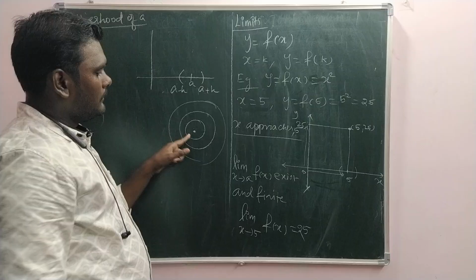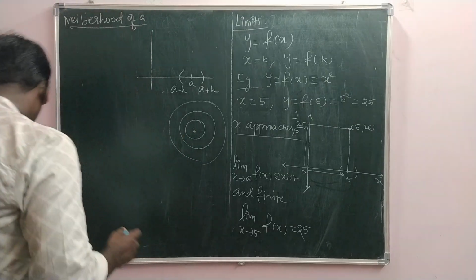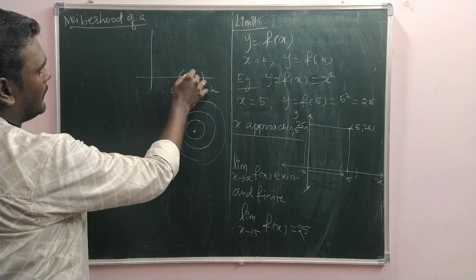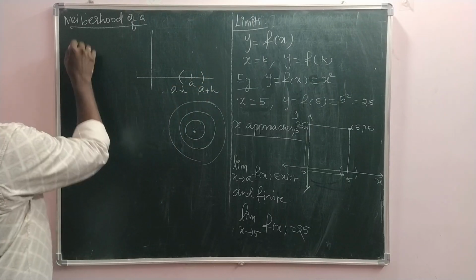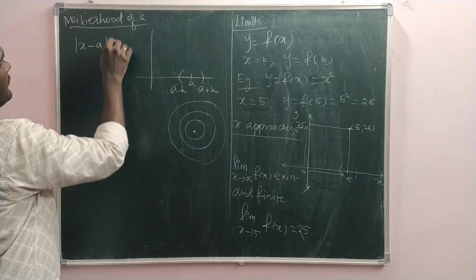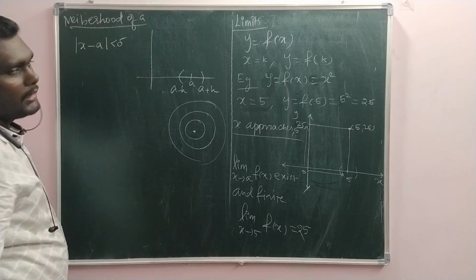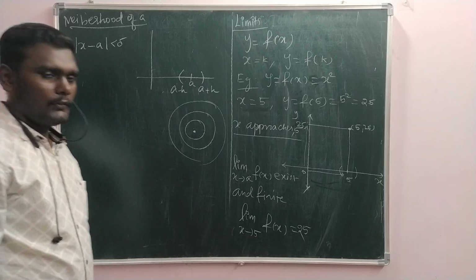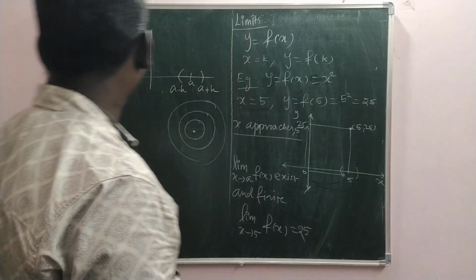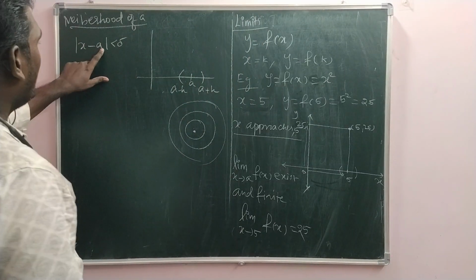Okay, so this will denote one neighborhood. So this interval can be considered like modulus of x minus a, and the length of the interval be delta, like we call it. So modulus of x minus a should be less than delta.